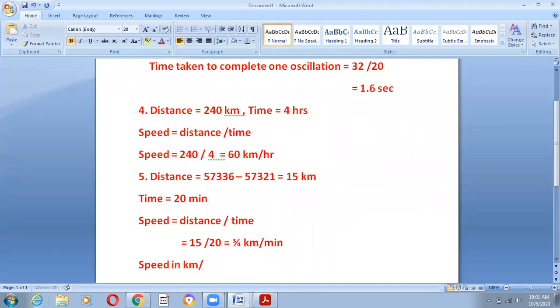So speed in kilometer per hour will be equal to 15. We have to convert minutes into hours. For converting minutes into hours, we have to divide minutes by 60. So it will be 15 upon 20 by 60. So it will become 45 kilometer per hour.